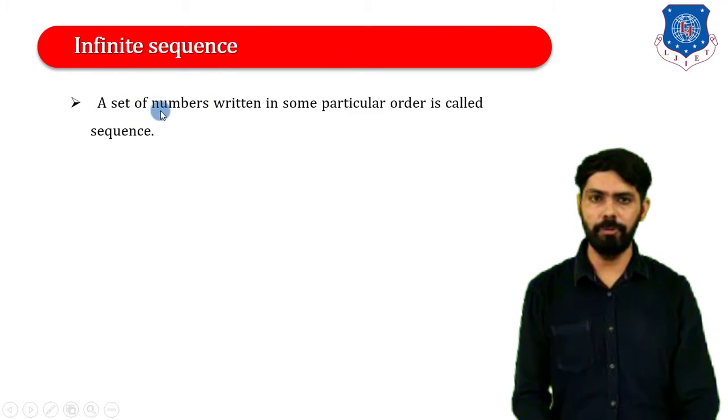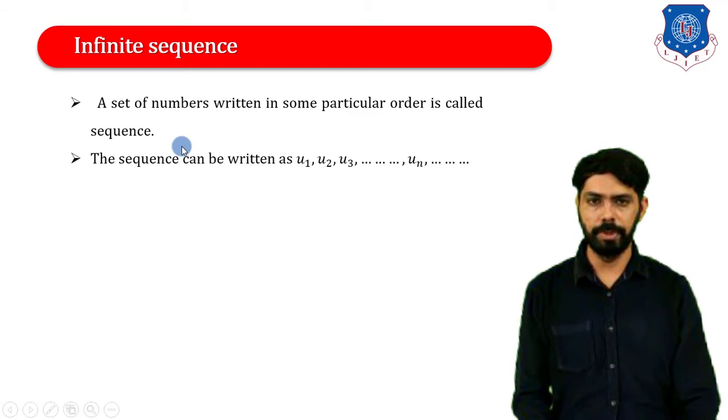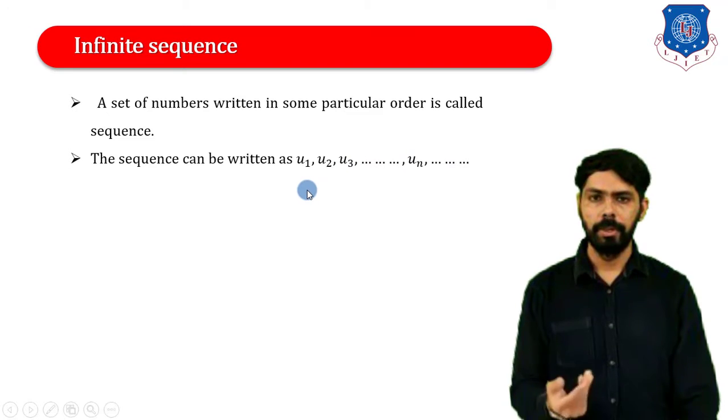A set of numbers written in some particular order is called a sequence. The sequence can be written as u1, u2, u3 up to un, and so on. For example, 1, 2, 3, 4 is a sequence of natural numbers.